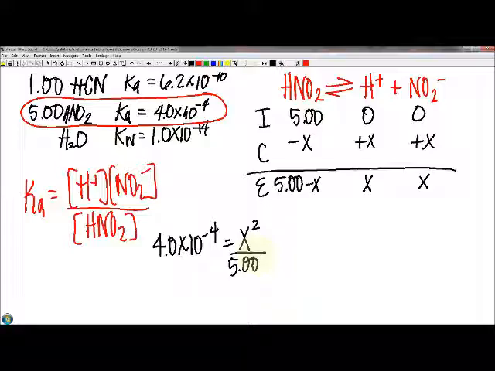All right, with our algebra, to solve, x is equal to 4.5 times 10 to the negative 2. If you check the assumption, it's 0.9% of the original, so we are still good. And that is equal to x, which is our H plus concentration.